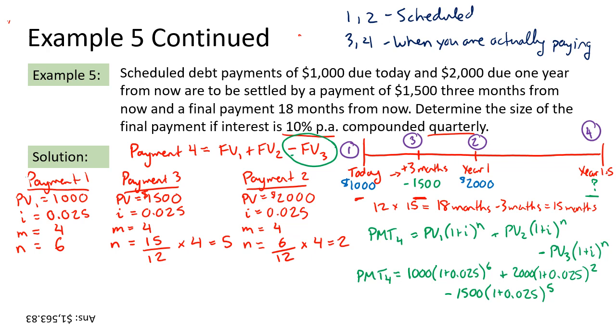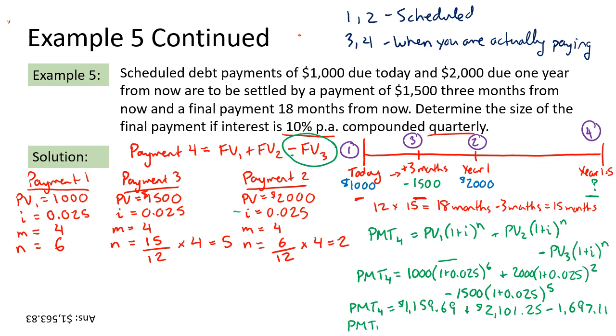So what you end up with, okay, if I simplify each of these expressions, our fourth payment is equal to this first item, which comes out to $1,159.69, plus our second payment, which comes out to $2,101.25, minus the amount we're paying off, okay, which is $1,697.11.